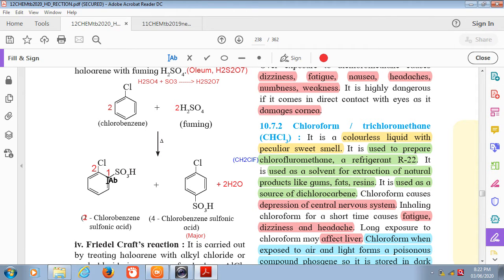The carbon bearing the SO3H group is carbon number 1 and the next carbon is the second carbon, because there is an order of priority, and according to this order, the SO3H group has first priority over the Cl in the nomenclature of the IUPAC system. So we get 2-chlorobenzene sulfonic acid and 4-chlorobenzene sulfonic acid. Among that, 4-chlorobenzene sulfonic acid is the major product.